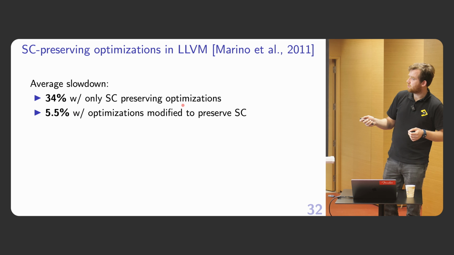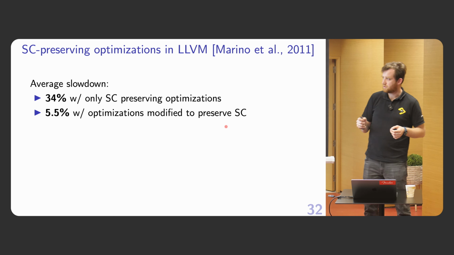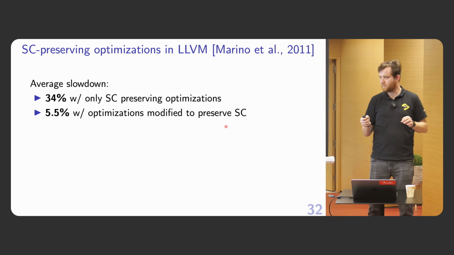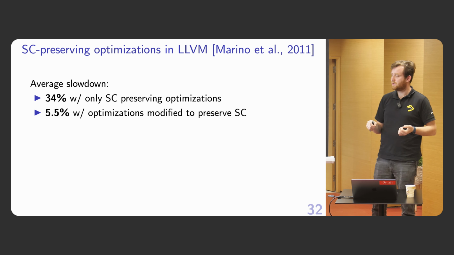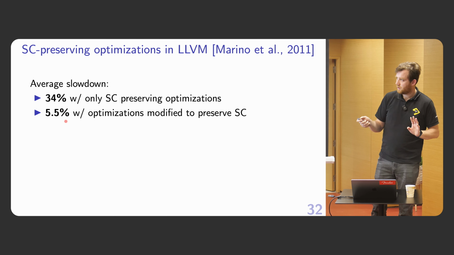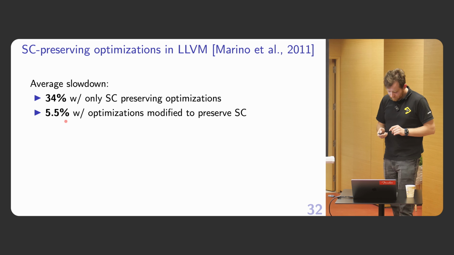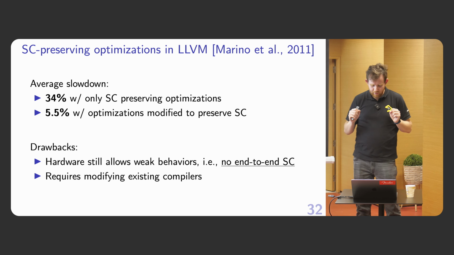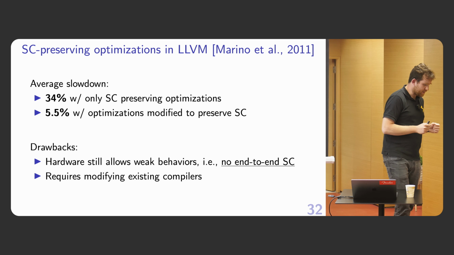But then instead of just turning off the optimizations, the authors decided to modify the optimizations to preserve sequential consistency, right? And after that, they managed to get a slowdown of about 5.5%. So the point of this is that you lose something.